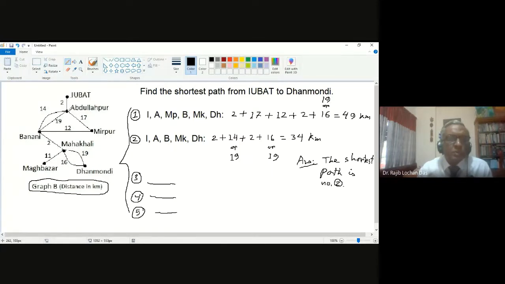Okay. So if you have Abdullahpur to Bonani to Mahakali, this is one option. Another option, Abdullahpur, Mirpur, then Bonani. You do not have the connection here in this example, but just imagine you have another option like Mirpur to Mahakali. So in that case, what will happen? Abdullahpur to Bonani, then Mahakali, or Abdullahpur to Mirpur, then Mahakali. You have two different routes.